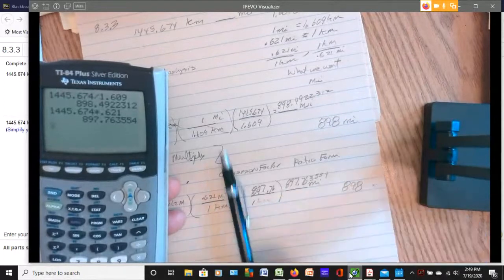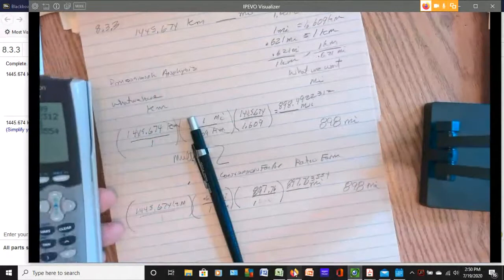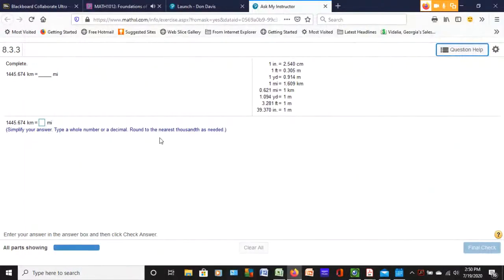All right, so let's go back to the form where it was wanting the answer. It says round to the nearest thousandth. Oh boy, let's see. I'm not sure which conversion factor they wanted us to use.